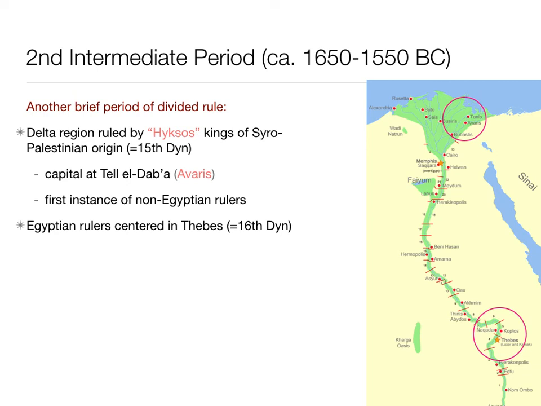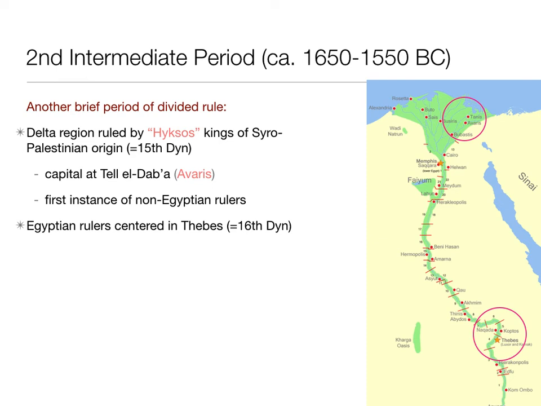And in this case, we have foreign incursions, at least according to Egyptian history. They see foreign invaders from the Eastern Mediterranean, of Syro-Palestinian origin, called the Hyksos. The Hyksos is a bastardization of an Egyptian term meaning rulers of foreign lands.